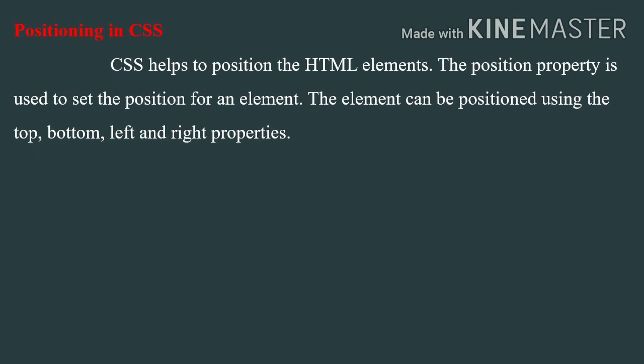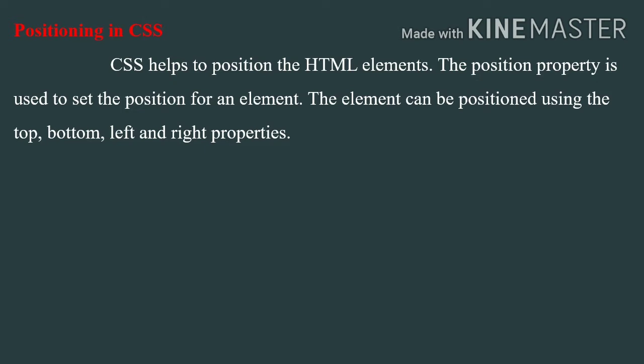First, positioning in CSS. CSS helps to position the HTML element. The position property is used to set the position for an element. The element can be positioned using the top, bottom, left and right properties.